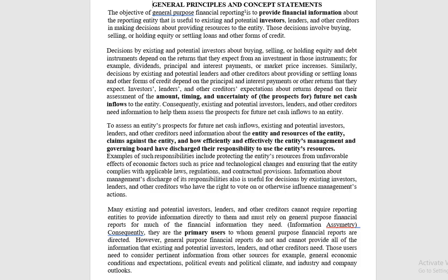Now, there are other financial statements, right? The future cash inflows are what all of the statements are working towards, but we also have the resources of the entity, claims against the entity, liabilities, and how they have discharged their responsibility to use the entity's resources. Basically, the income statement.